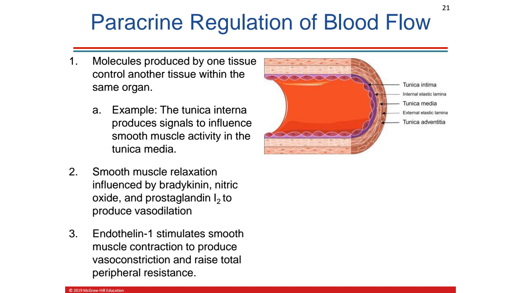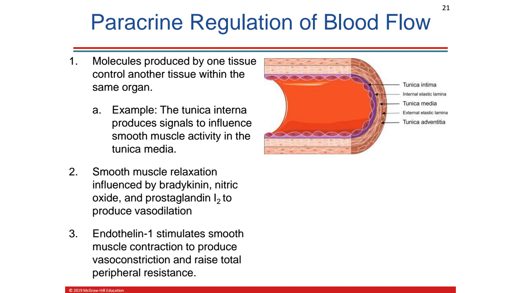So far, we've discussed extrinsic factors that affect blood flow, but there are also intrinsic factors. One type of intrinsic factor is paracrine signaling molecules that are released by cells within a tissue that control other cells within the same organ.